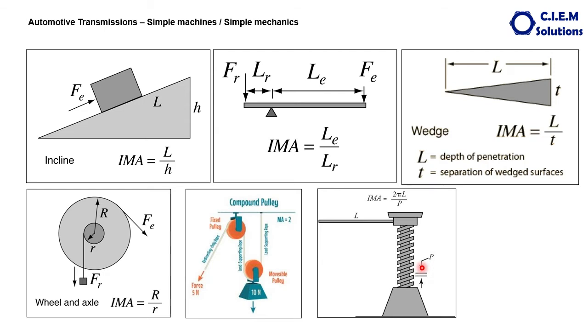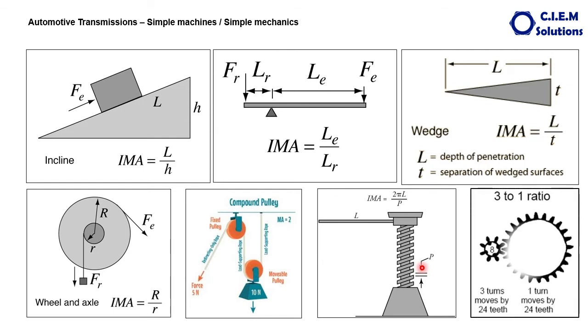Why we are explaining all this mechanical advantage and simple machines in this subject is that it is very important in understanding the purpose of the transmission in the vehicle. See, these are the gears. We all talk about the loads, pulleys, etc. Here, for example, this is the drive gear and this is the driven gear.